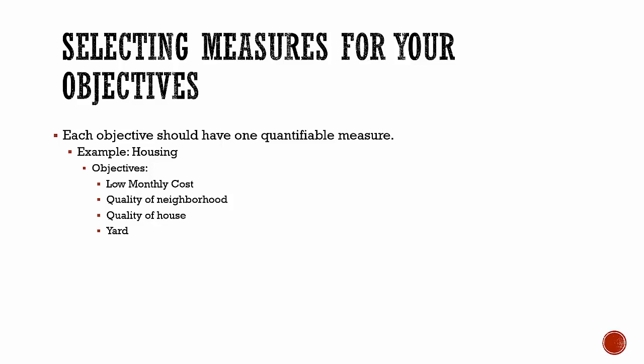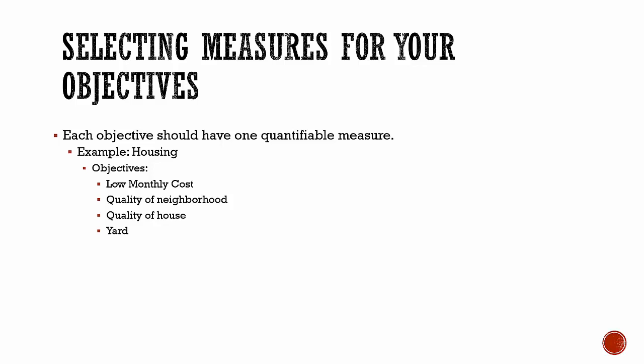The quality of the neighborhood. Well, we need to find at least one way to measure that, and it might be crime rates, it might be the smart schools measure for the local school district, it might be the value of the houses in the neighborhood. But we need to figure out a way to quantify that.